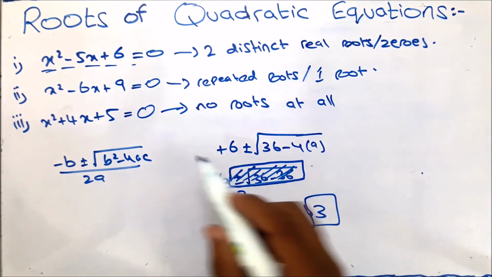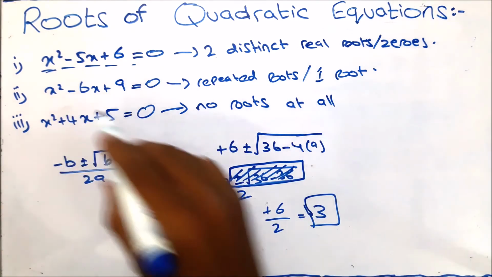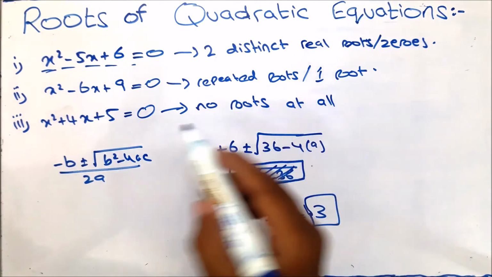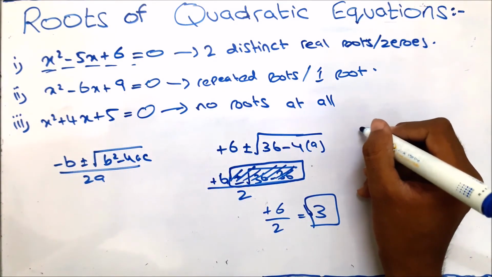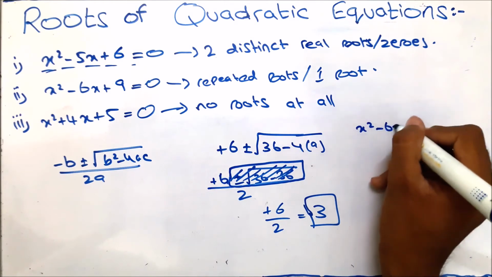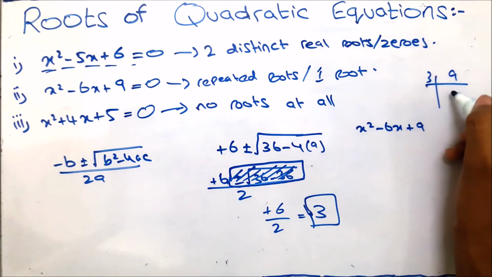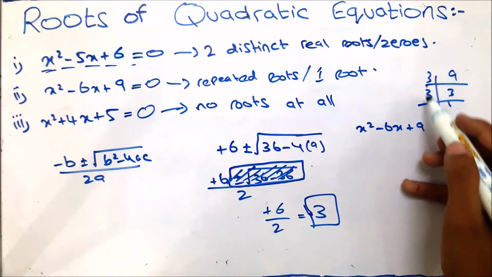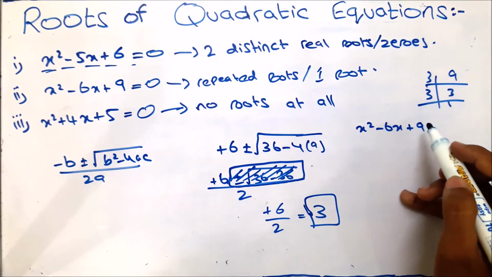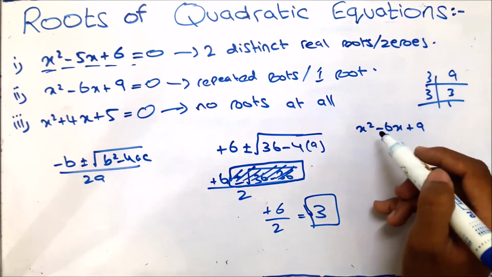Let's use the factoring method to solve this, and I'll show you how it has repeated roots. When we do it, we have x squared minus 6x plus 9. We need two numbers which when we multiply we get 9, and when we add minus 3 with minus 3 we get minus 6.